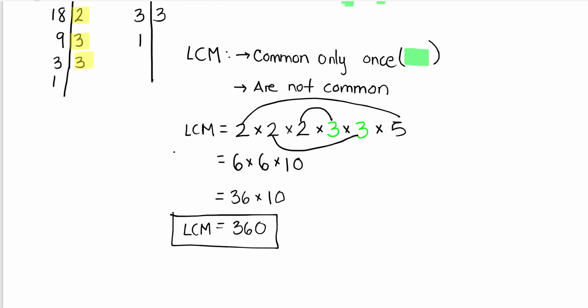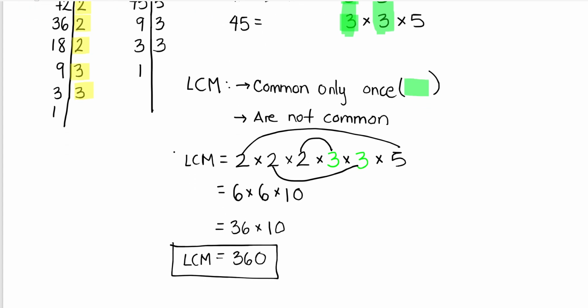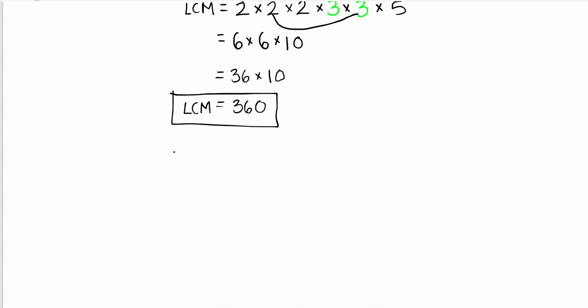Wonderful. So we have done lowest common multiple. Now we're going to do our highest common factor. So to do the highest common factor, we only have to find the factors that are common to both numbers, only once.